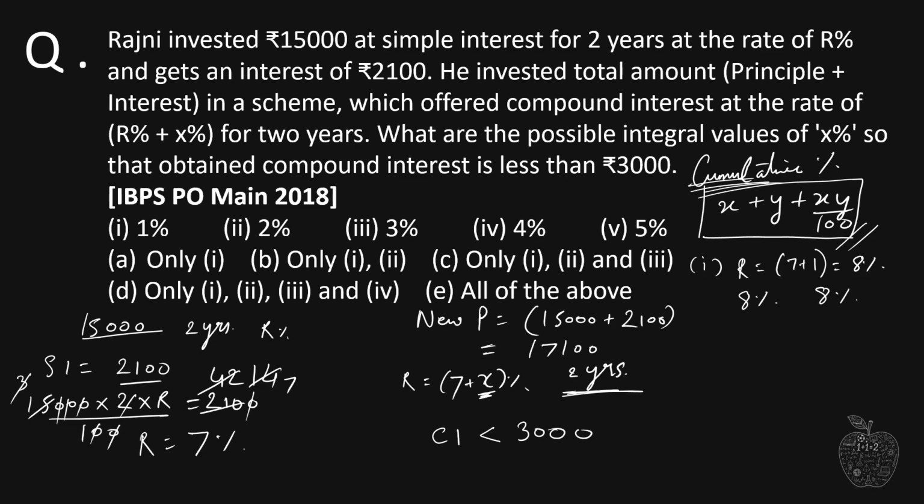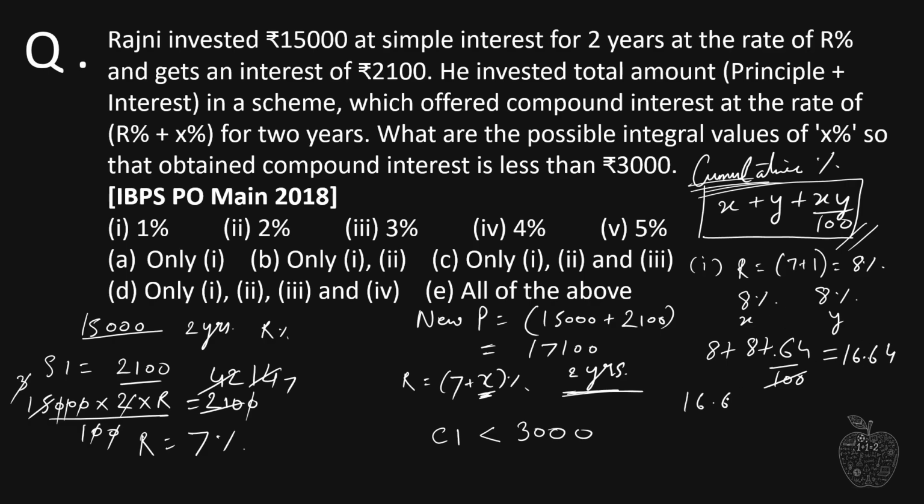So let's take this as X and another 8 as Y. Substituting in the formula, we get 8 plus 8 plus 8 times 8, which is 64, over 100. So 8 plus 8 is 16, plus 0.64, we get 16.64. So the total interest is 16.64%.